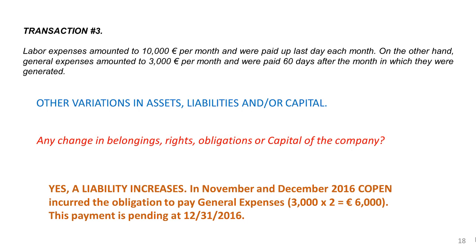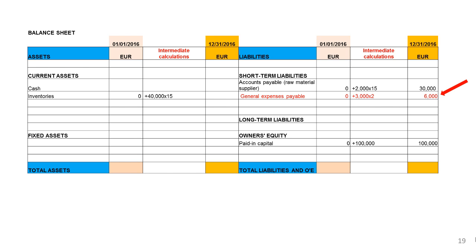Copen will have to settle that debt at the earliest in 2017. That's why it should be reflected in the short-term liabilities section of the balance sheet. It's clear that this transaction does not imply any variation in capital, since the owners neither bring more capital to the company nor reduce it. Copen's debt with those suppliers is reflected on the balance sheet, as well as the intermediate calculations.